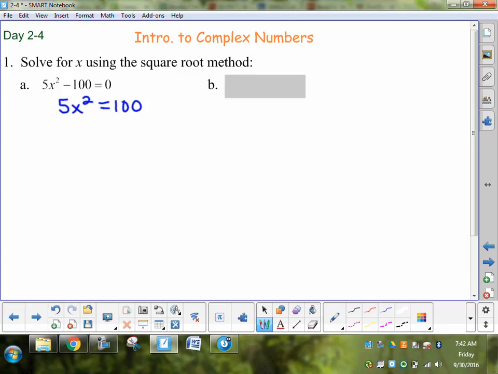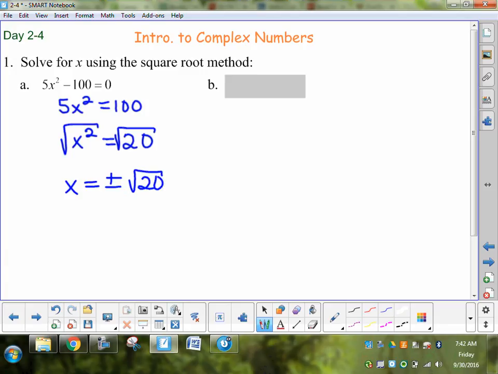Good, so now after I do that, what would I write out? Jason? You write x squared equals 20. So that means I'm going to have two answers at this point. I'm going to take the square root of both sides. So now I'm left with x is equal to plus or minus the square root of 20.